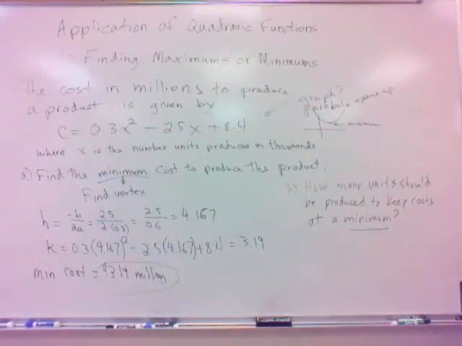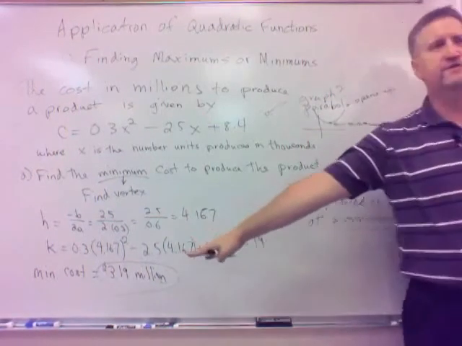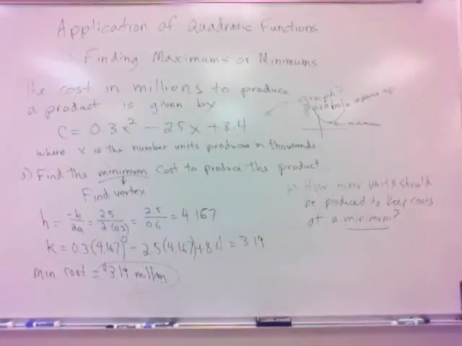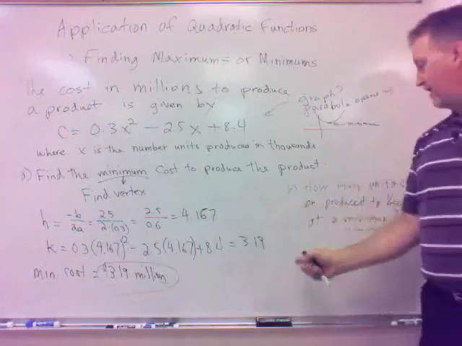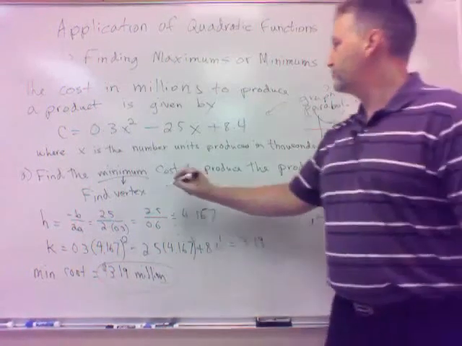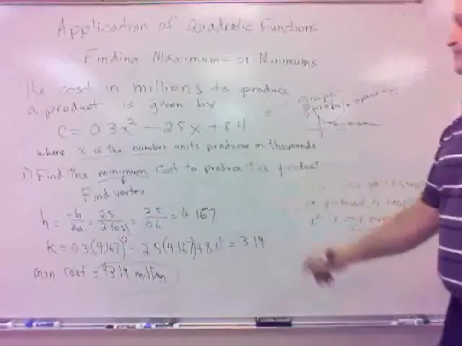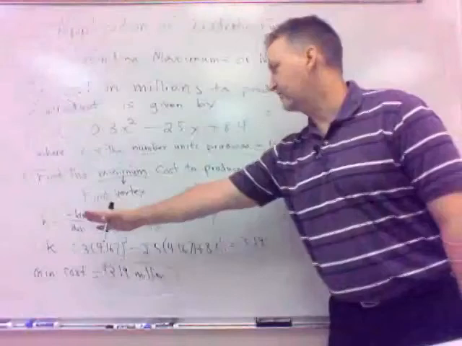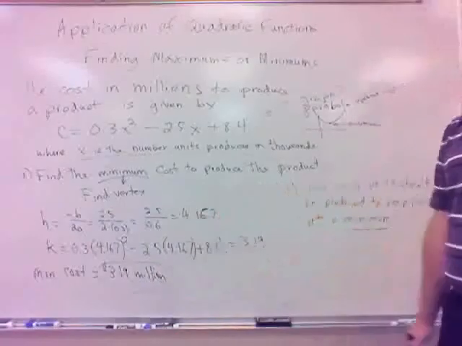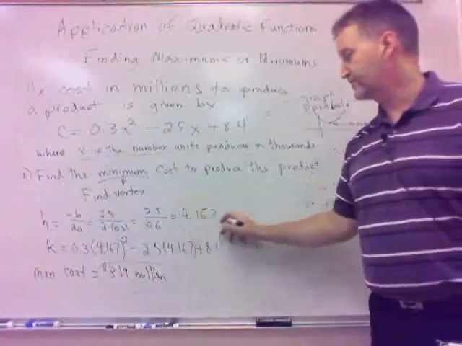What do you think? How many units should be produced to keep costs at minimum? The k value gave us the actual cost, so it's not 3.19 units or whatever. Where do I go for this one? It's the h value, yeah. The number of units produced is the x value. Well, h is an x value, so it must be tied in with this number.